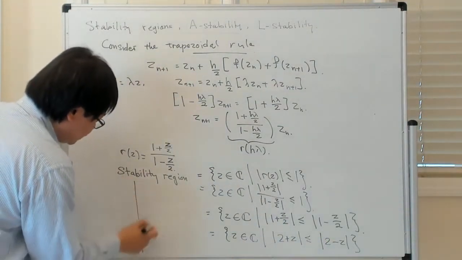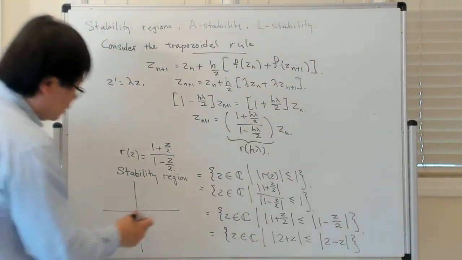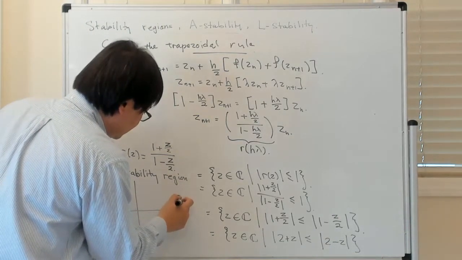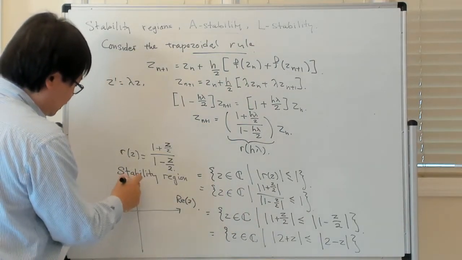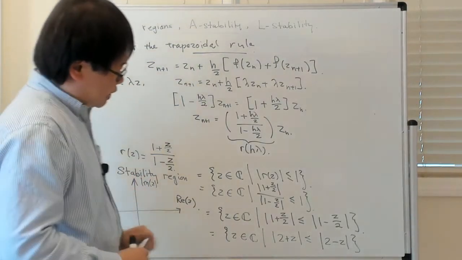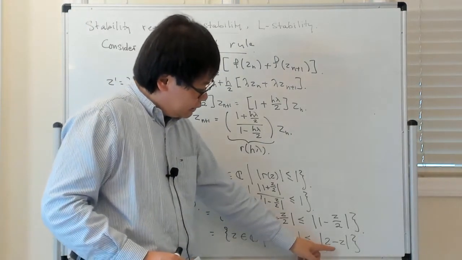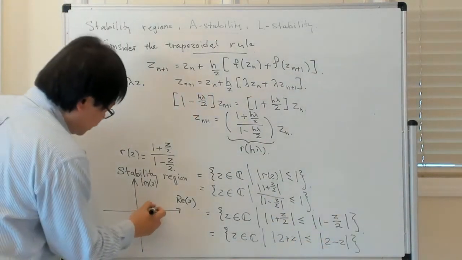Okay, so as you might expect, z is a point on the complex plane. All right, I'm going to look at the locus of points which satisfies that inequality, right? It's the real and imaginary part of z. And of course, you can interpret this as the distance between z and the point minus 2. All right.